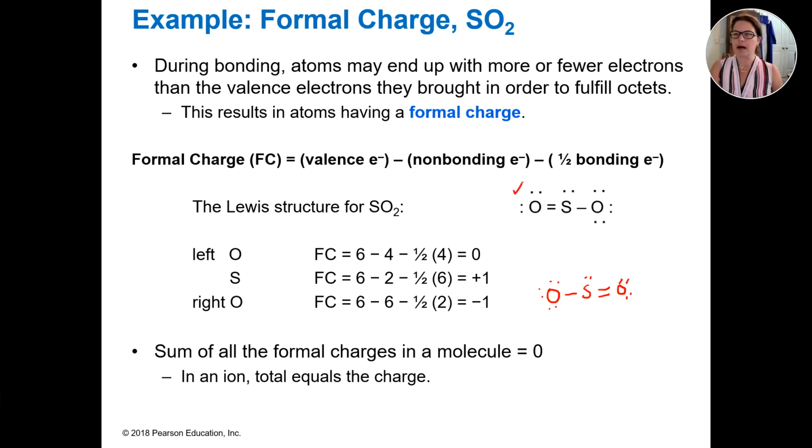So this oxygen right here, the one on the left, it has a total of 6 valence electrons. There are 4 non-bonding electrons or lone pairs, and 4 bonding. So half of that.